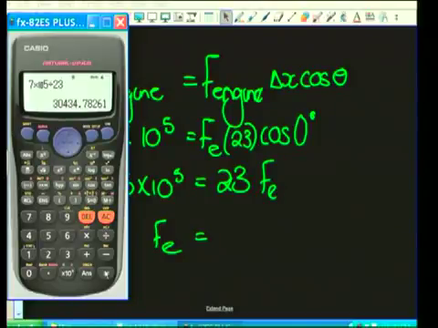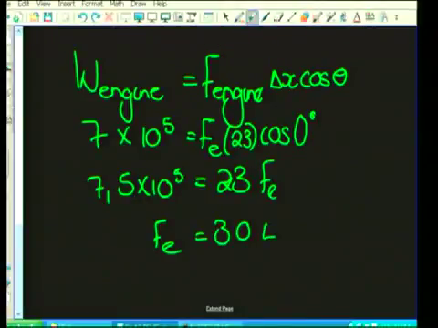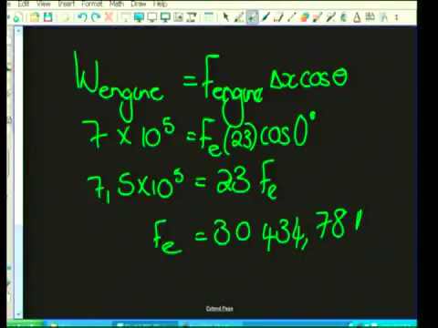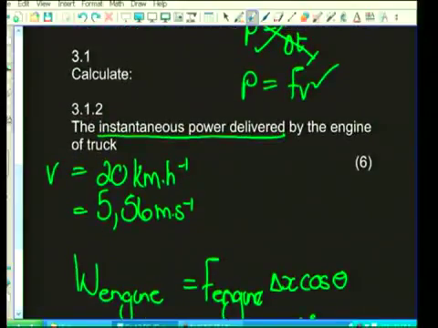Okay, so we get 30434,78 newtons. Okay, so I have force now. Yay, we can do this because now we just need to plug it in.